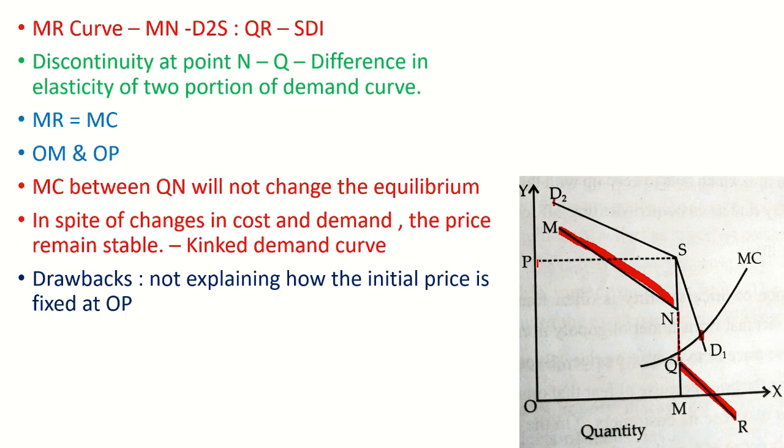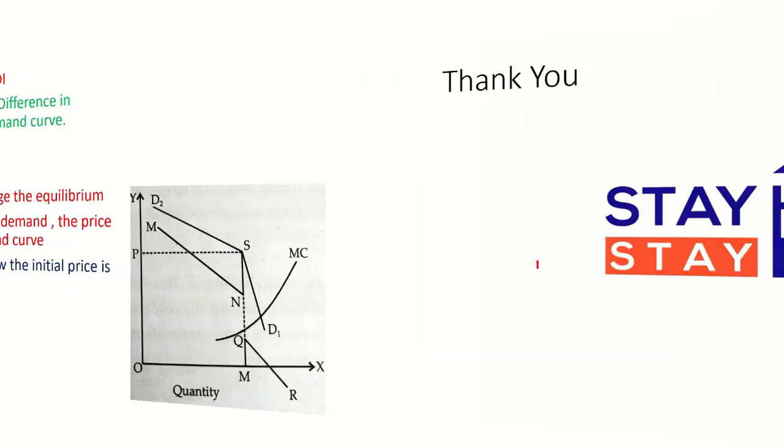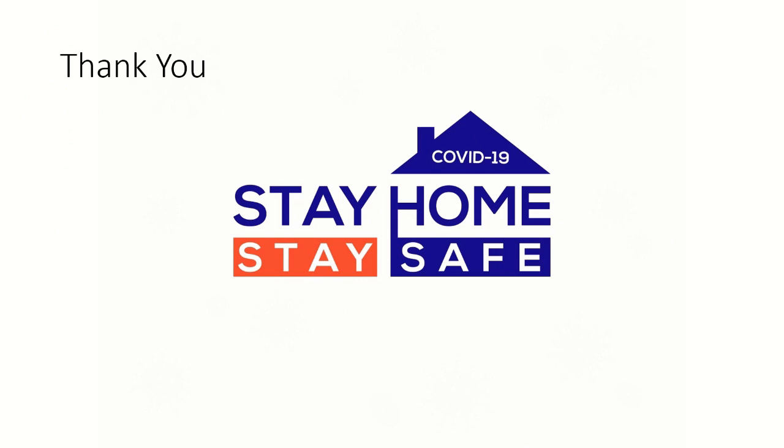We already saw that this is the equilibrium price, or the initial price, that is OP. But this approach does not explain how we got this OP as the initial price. So that's about the kinked demand curve.